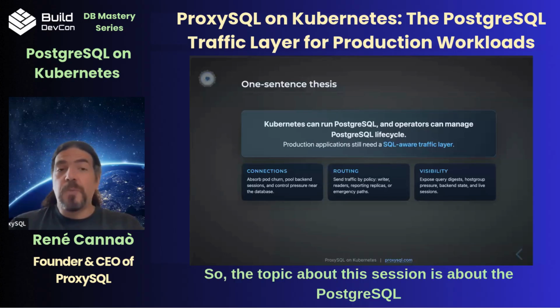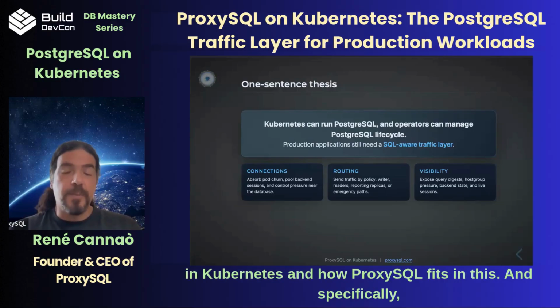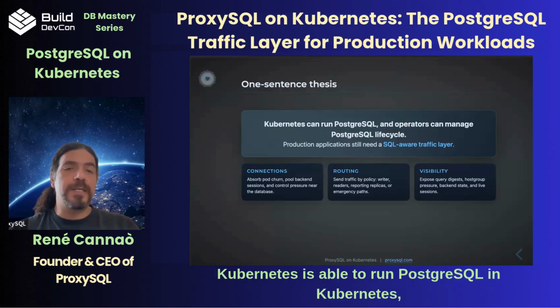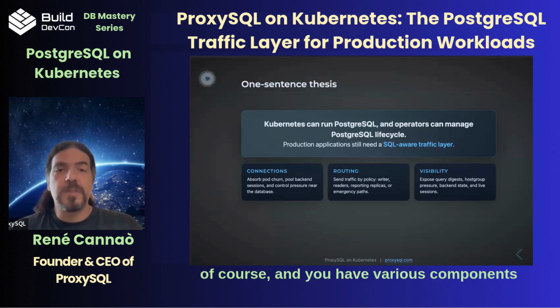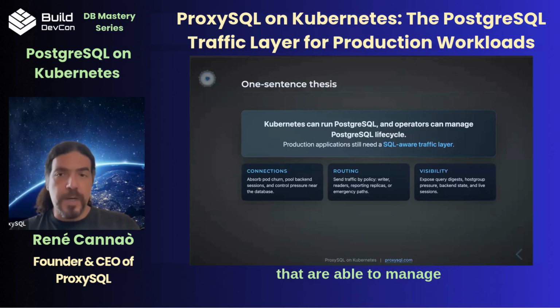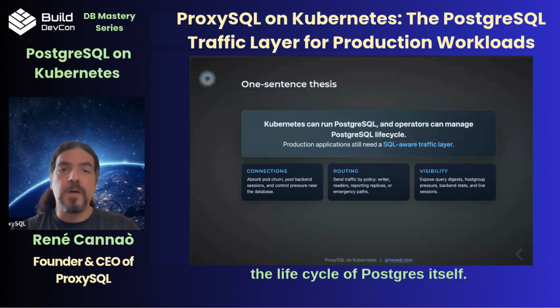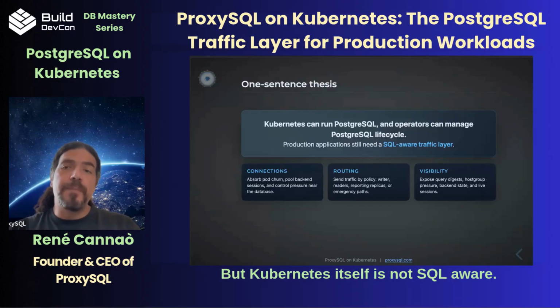The topic of this session is Postgres in Kubernetes and how ProxySQL fits in. Specifically, Kubernetes is able to run Postgres, of course, and you have various components that are able to manage the life cycle of Postgres itself. But Kubernetes itself is not SQL aware.